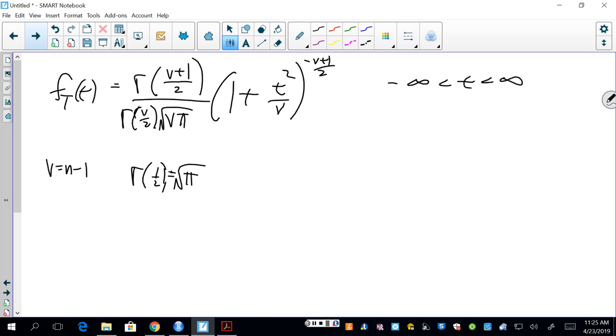About 0 is this function. Can you tell me anything else about this function? Looking at this little core part, 1 plus t squared over b, what happens as you go on either side of 0?